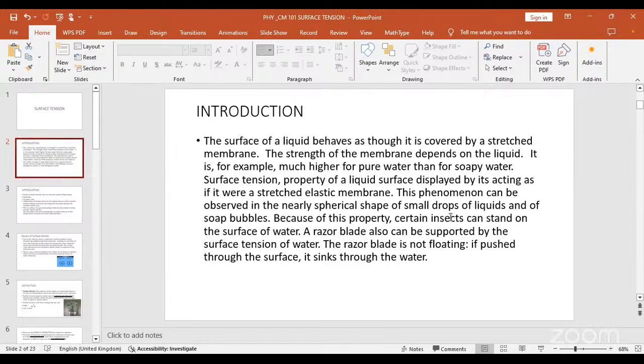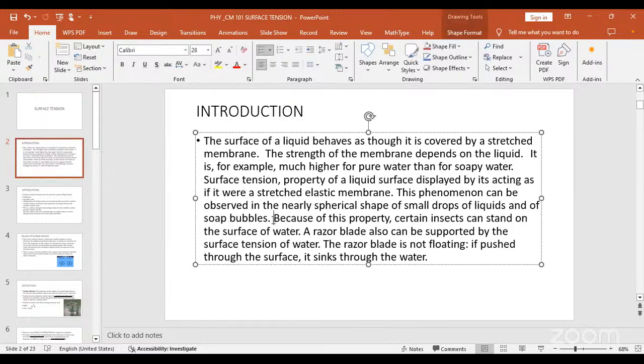This phenomenon can be observed in the nearly spherical shape of small drops of liquids and of soap samples. Apart from the fact that some things can float in water, you can observe an insect standing on water, not submerged.